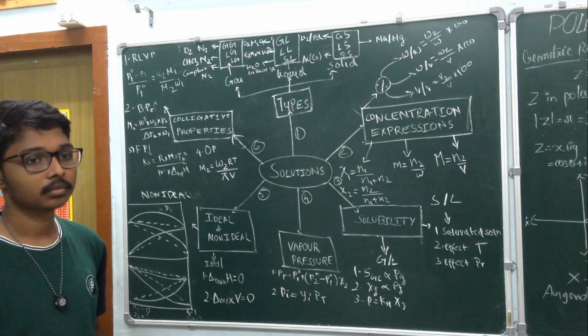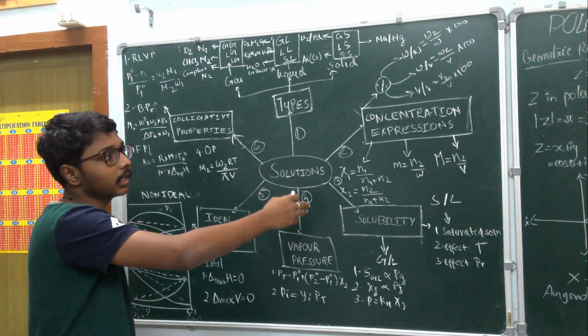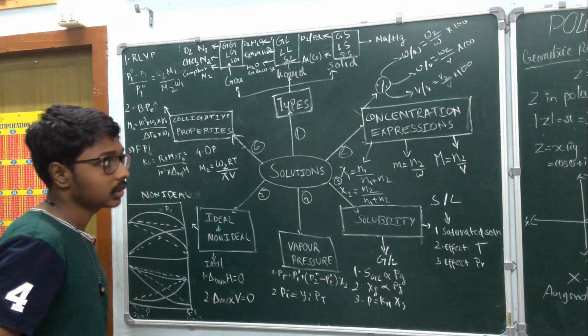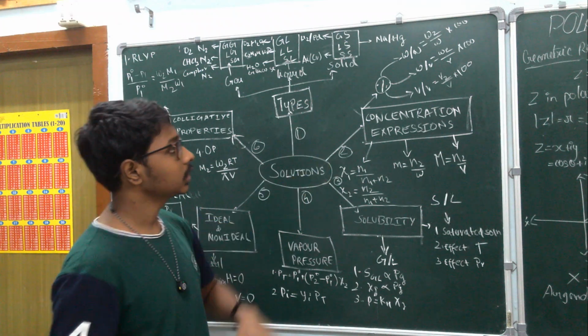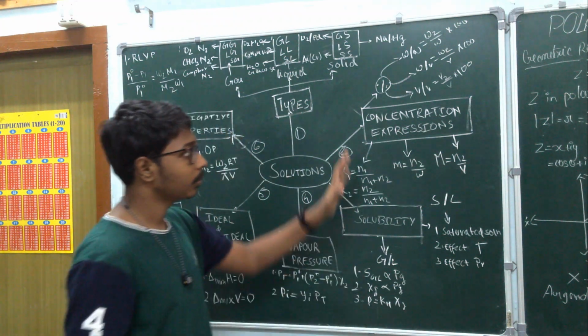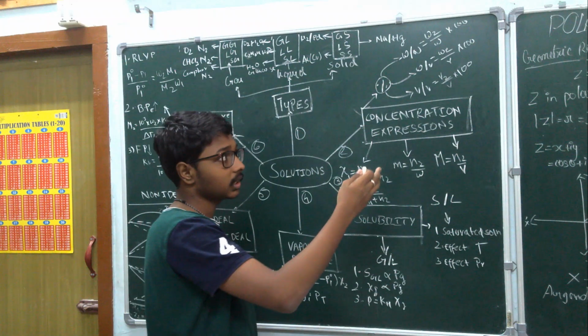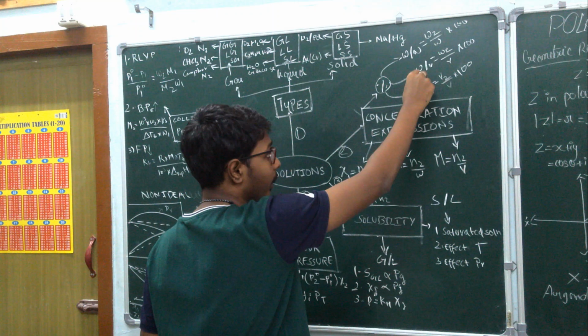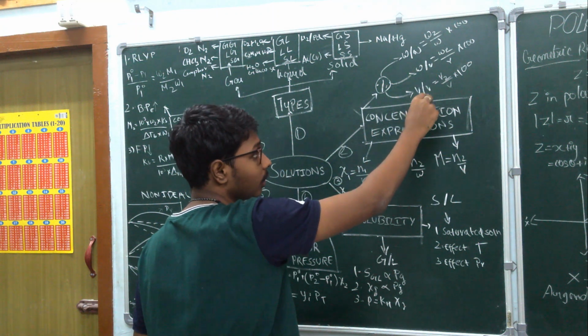Right, proceed. Now the second main topic is concentration terms. There are totally 7 concentration terms. First is the percentage term. There are 3 types of percentage term: weight by weight percentage, weight by volume percentage, and volume by volume percentage.